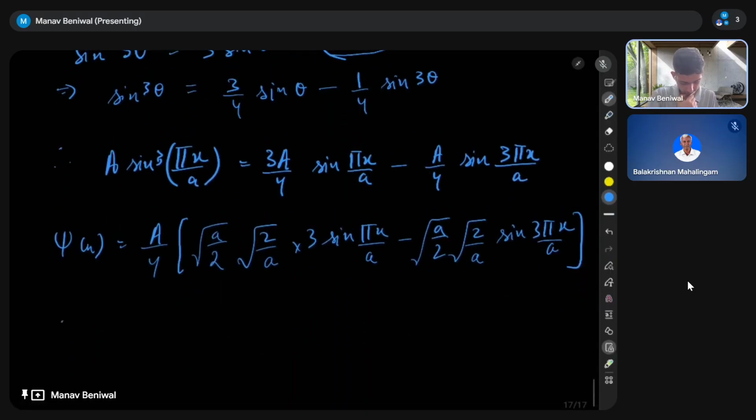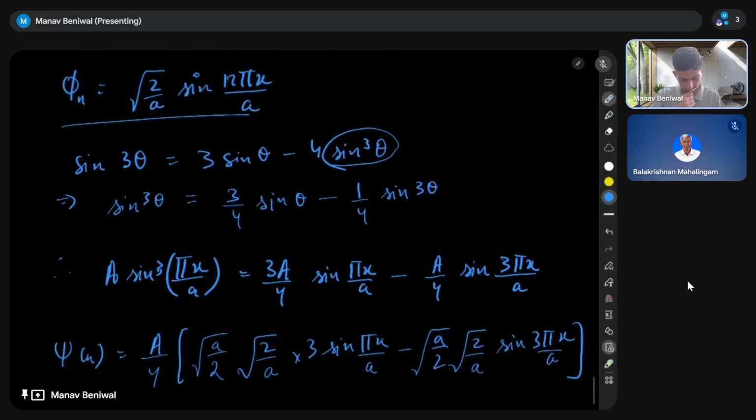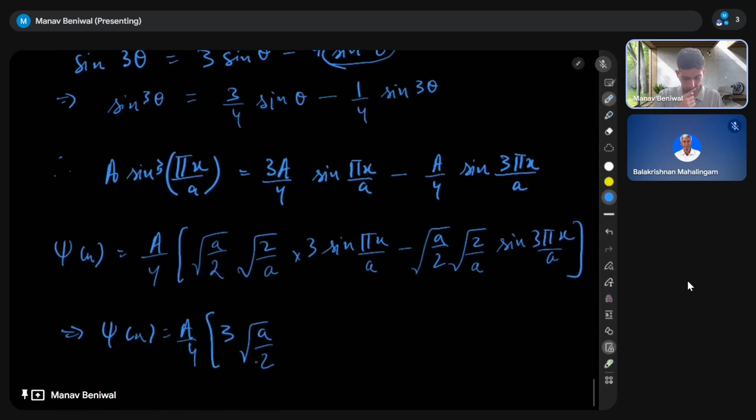Okay, which means we can write our psi of x as a by 4 and then 3 times under root a by 2 phi 1, and this will be minus under root a by 2 phi 3.